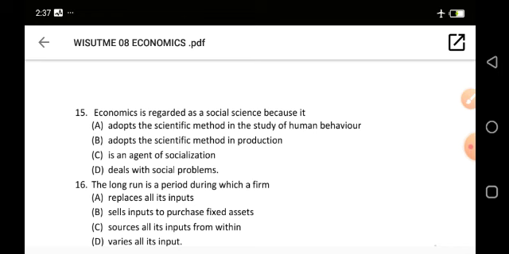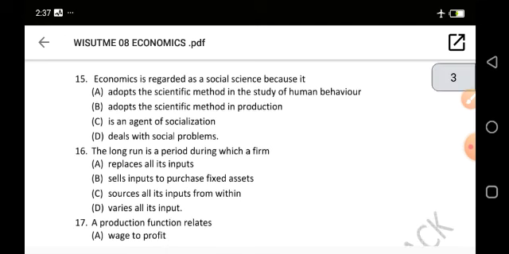Question 16. The long run is a period during which a firm's what? Remember we have the short run and the long run. In the short run, we have what we call the law of diminishing returns, where we have two types of factors of production, the fixed and the variable.